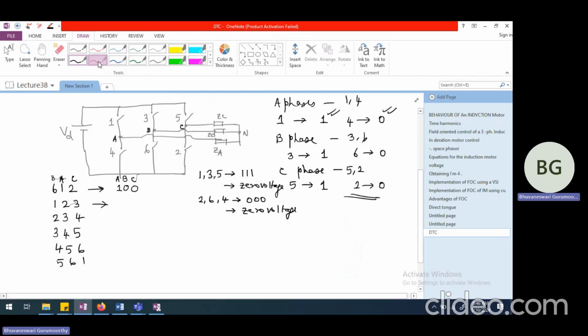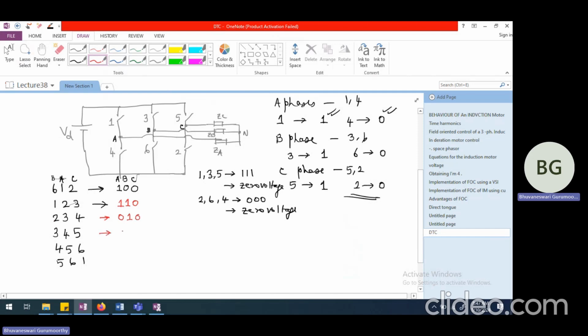In the same way, I should be able to write 1, 2, 3. 1 is A phase, which is 1. B phase is 3, that is 1. And C phase is 2, which is 0. Let me write this the same way: 0, which is 4, corresponding to A phase. Then 1, which corresponds to B phase, switch number 3. And 0, which is 2, corresponding to C phase.